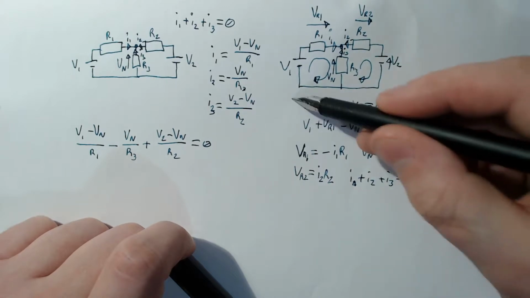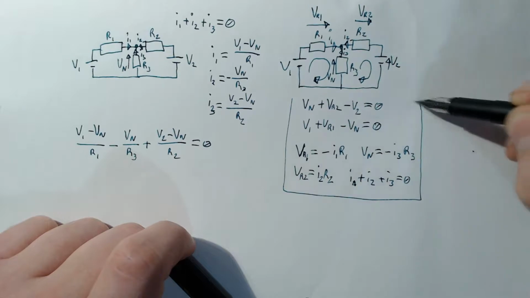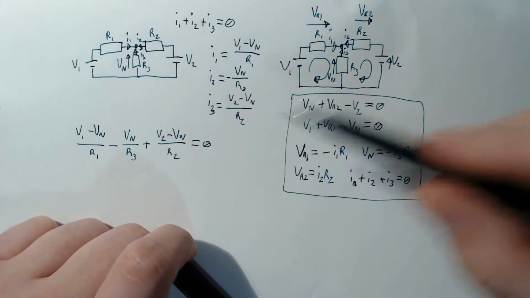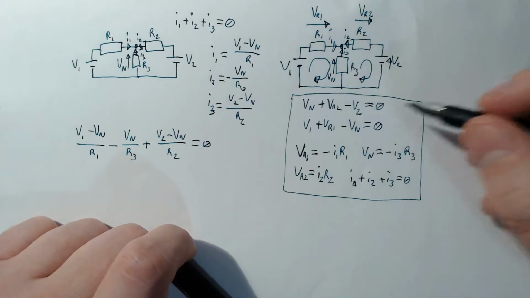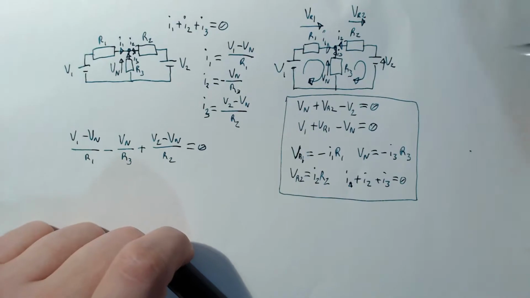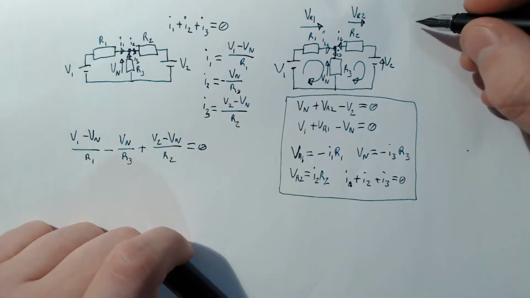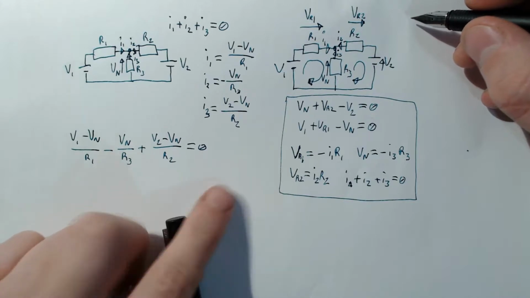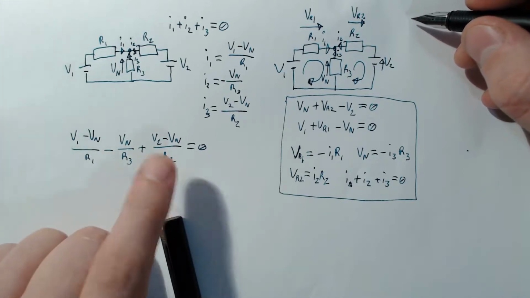So all of these can now be combined together to get the same equation as this. Let's start again up here. So we have voltages and resistances over here.